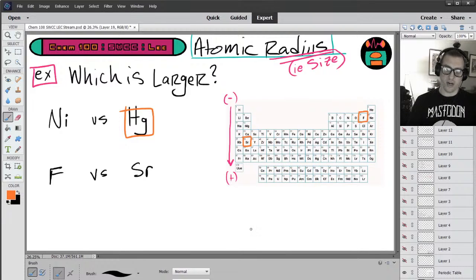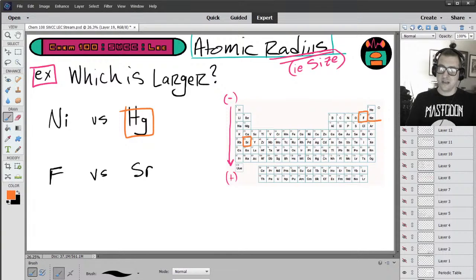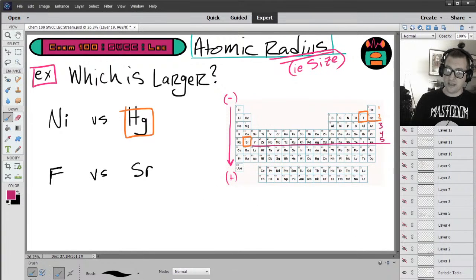Strontium is located right here. You're like, those are really far away from each other. They are, but to find the size, fluorine is on the second period. Strontium is down here on the fifth period, which makes strontium larger.